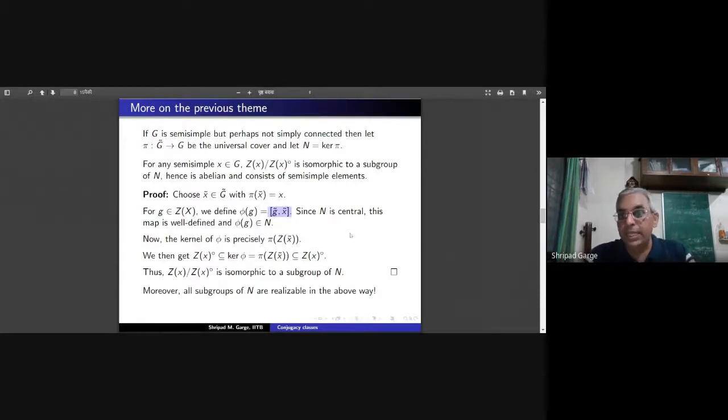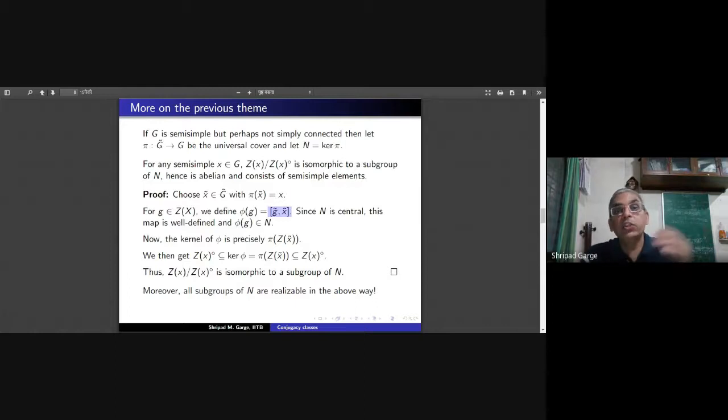Remember, you have fixed x tilde already. So phi g being 1 means that your g tilde commutes with x tilde. So your g tilde is in the centralizer of x tilde, but it's a kernel. That means it is again sitting inside capital G. So your g tilde commutes with x tilde, such is your g.